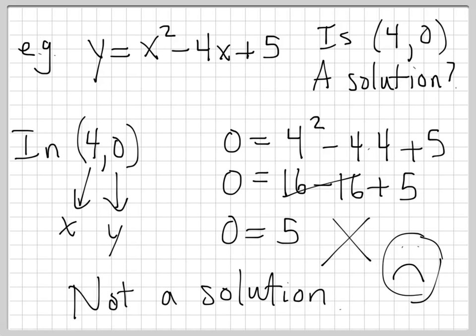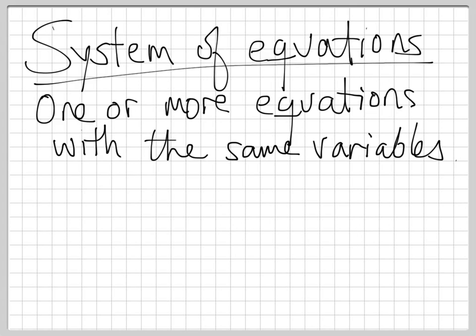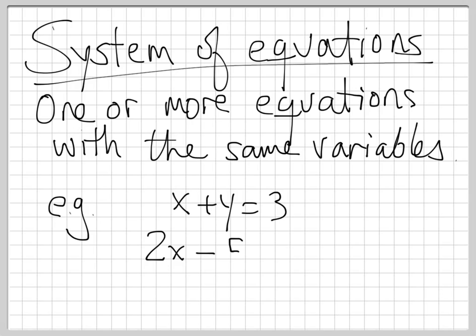So remember, equations have solutions, and solutions just represent an assignment of values to the variables that make our equation true. So this chapter is called System of Equations, and what that is, it's just one or more equations with the same variables. So for example, x plus y equals 3, and 2x minus 5 equals y.